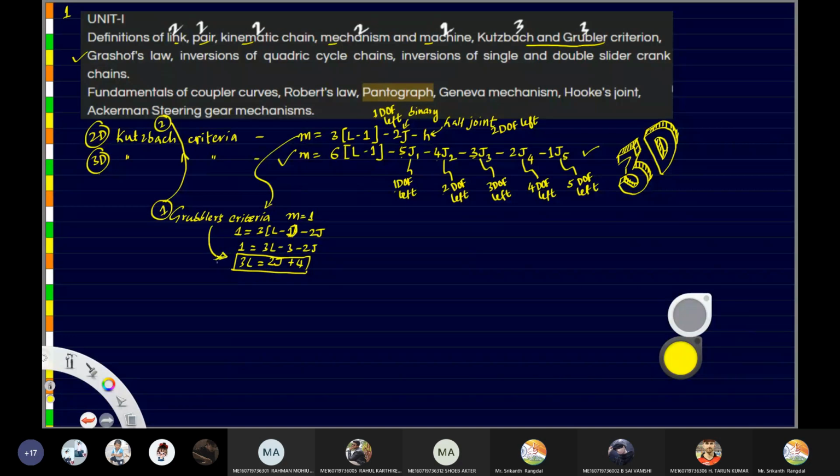Later on, Kutzbach found a generalized equation which can help us find the degree of freedom for a mechanism, linkage, structure, superstructure, anything.